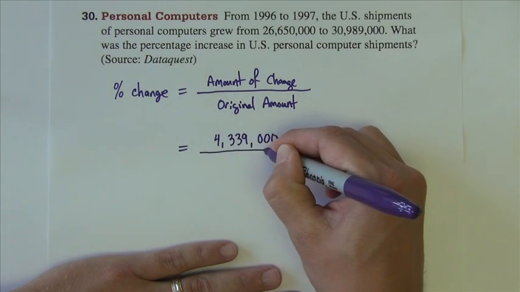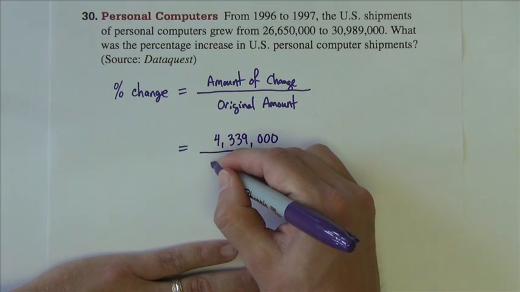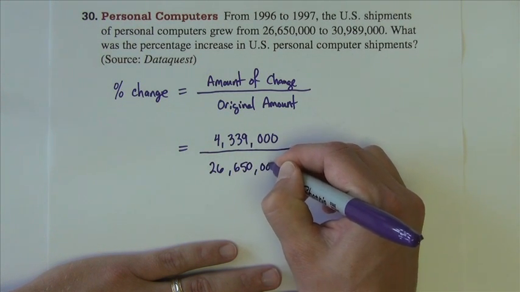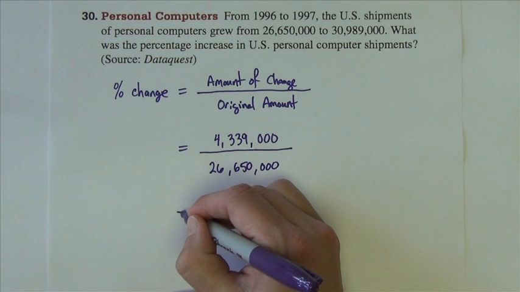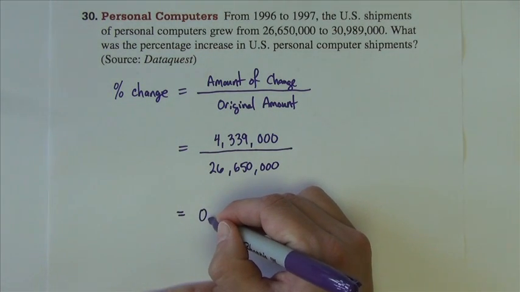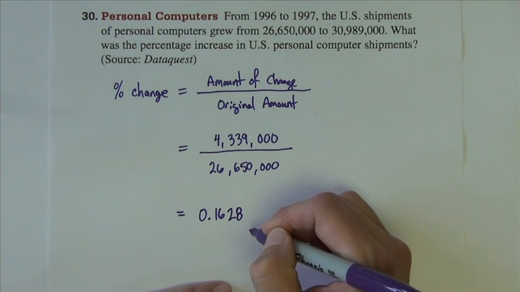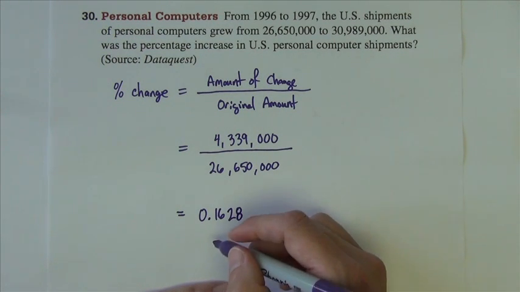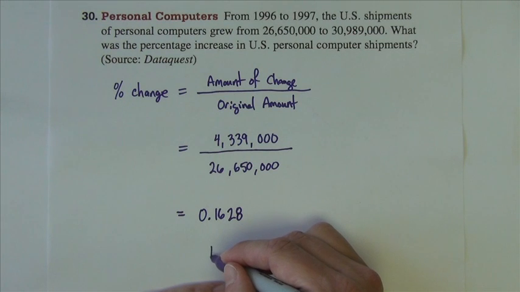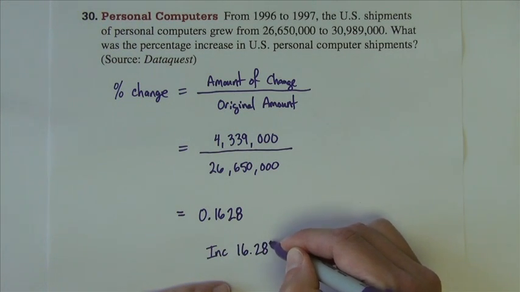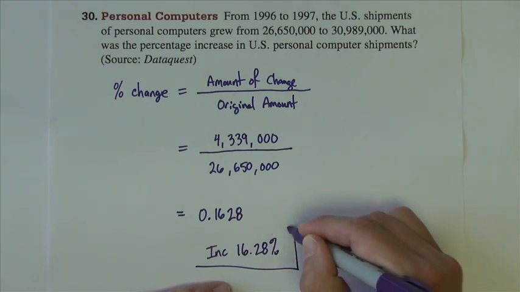I want to divide that by the original amount, 26,650,000. If I divide that, we get 0.1628. So the percentage increase was 16.28%.